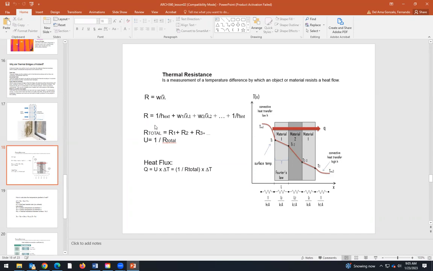If you remember, there are 2 layers, one layer inside and one layer outside. And we have this H coefficient.